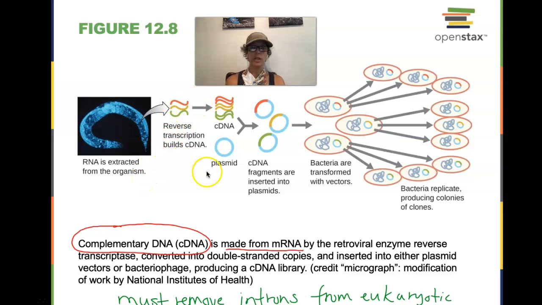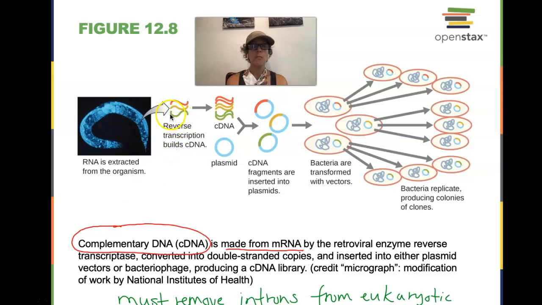Then we use an enzyme called reverse transcriptase. Reverse transcriptase is an enzyme that we isolate from viruses, and it has the ability to read RNA and make a DNA copy. That is the reverse of transcription.